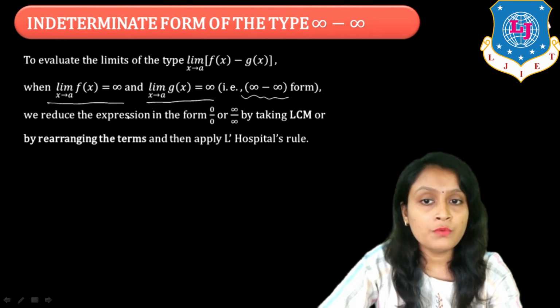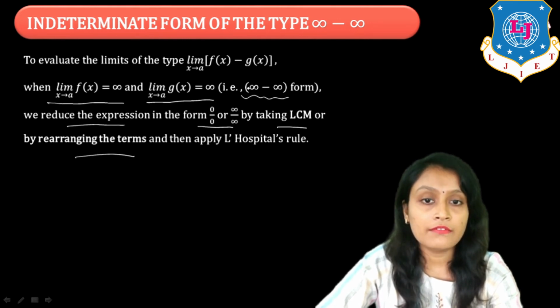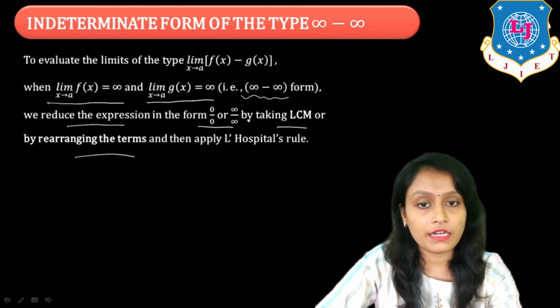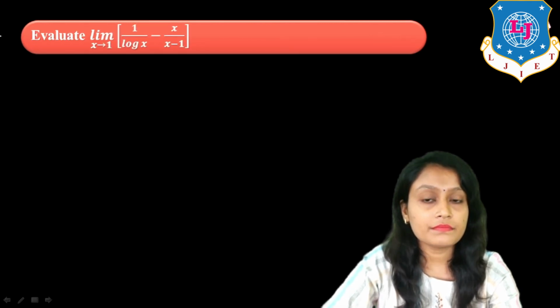So what we will do is reduce this expression to the form 0 by 0 or infinity by infinity by taking LCM or by rearranging the terms. And when you get this 0 by 0 or infinity by infinity form, then we will apply L'Hopital's rule.